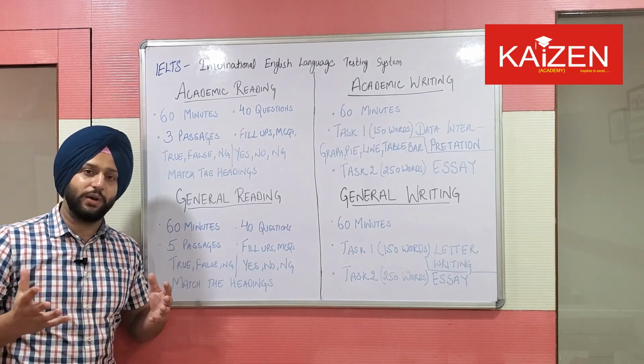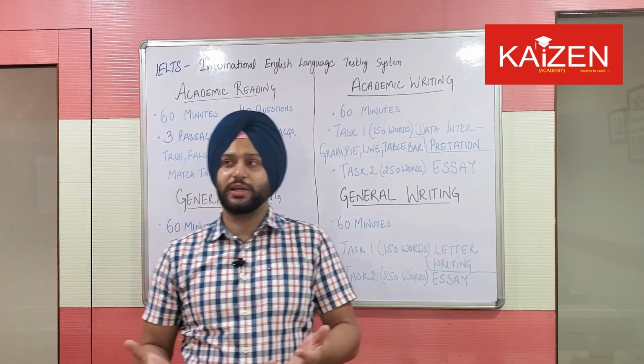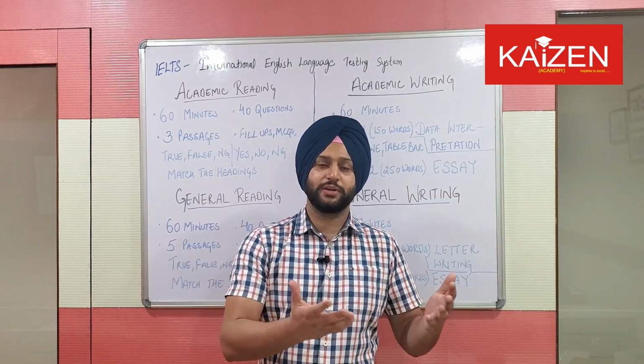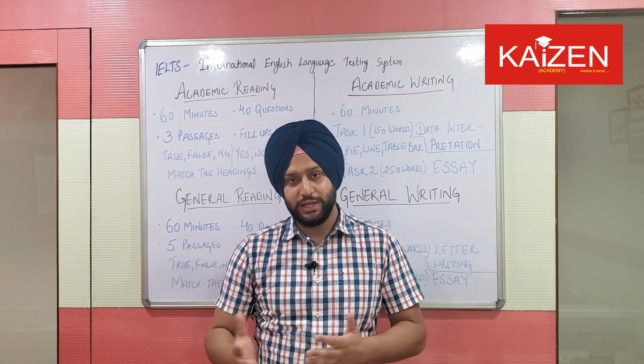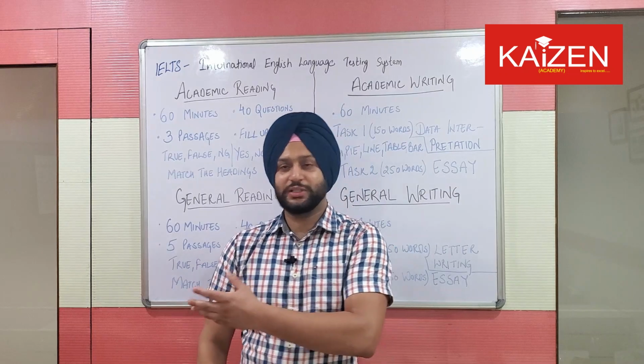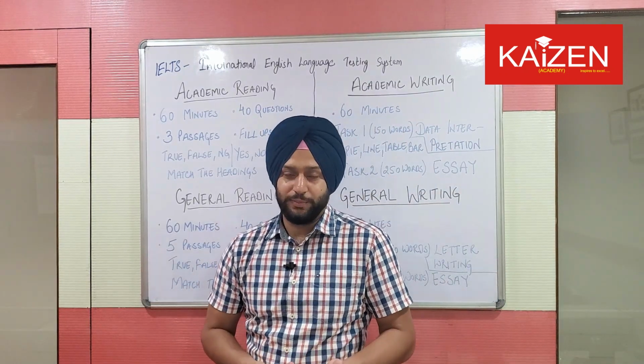And what about the context of the passages? It can be related to admissions to a college or a university. It can be related to your day-to-day life activities. So this will be the general context regarding day-to-day life.